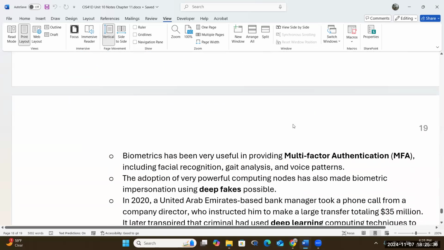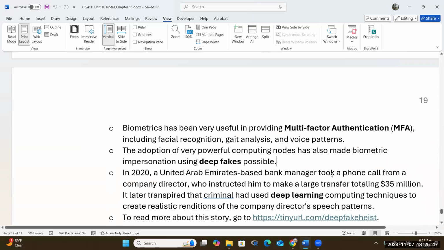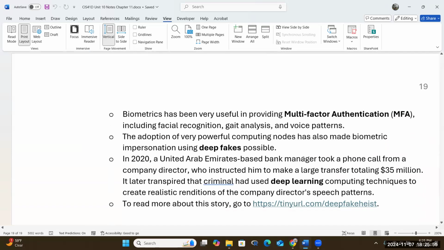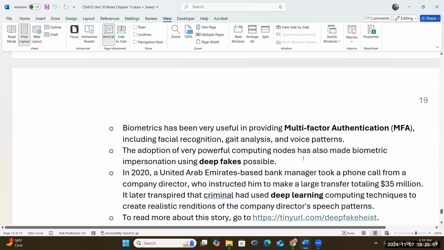As it is, people also use voice to authenticate, fingerprints, gait, etc. But you probably know about deepfake. Deepfake is a way that we can use deep learning to make things that look realistic where it is not, it is fake, such as people's voice, people's face.